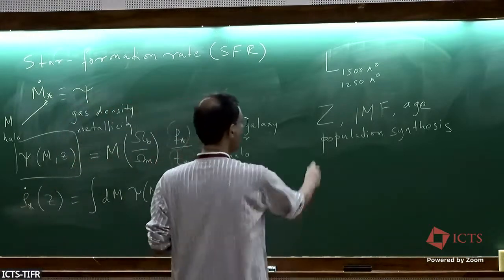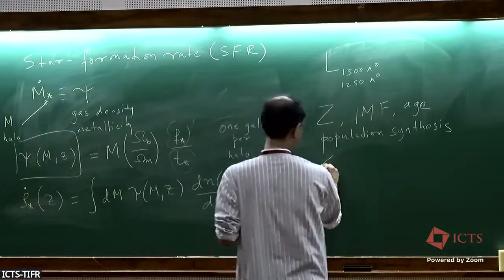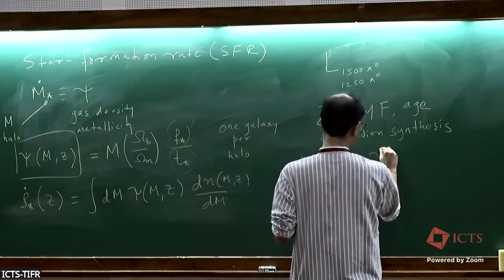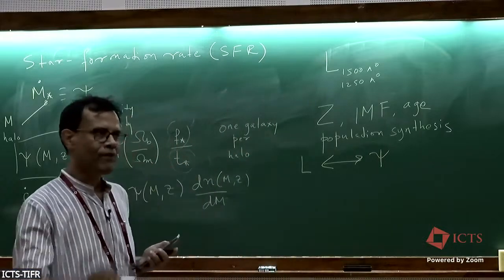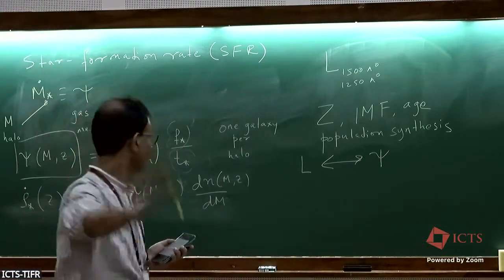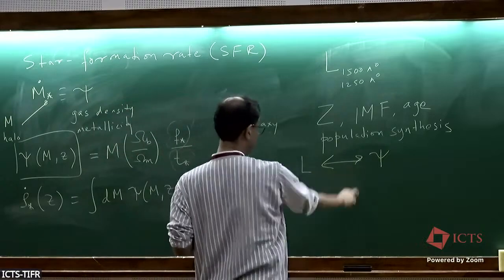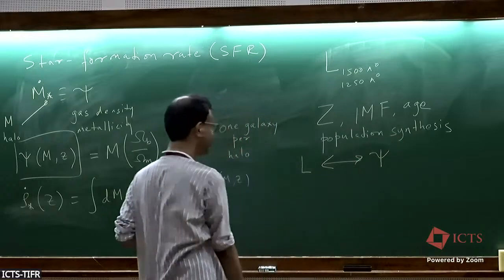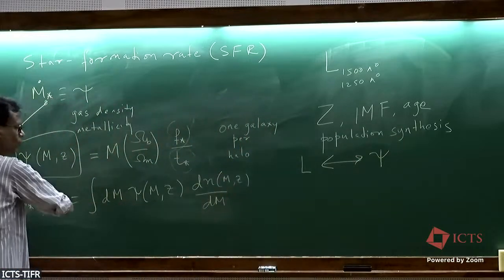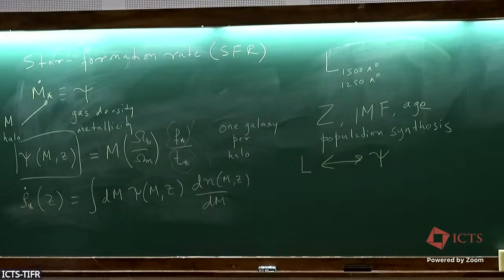And then you make a relation between this luminosity and star formation rate. So you observe the luminosity, you make a connection between luminosity and star formation rate, which itself depends on all these quantities, and only then can you make this plot and calculate this quantity.